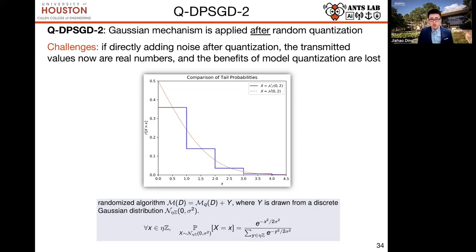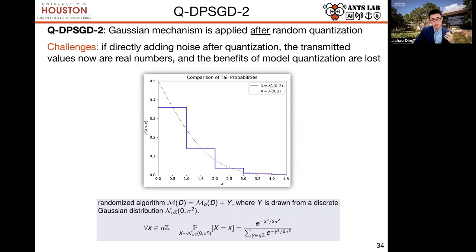So our solution is to sample noise from a discretization of the Gaussian distribution, and add discrete Gaussian noise to the context value without sacrificing communication efficiency. Eta here is the scale factor, and Z is the integer.